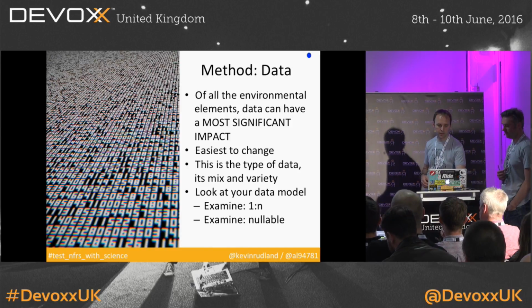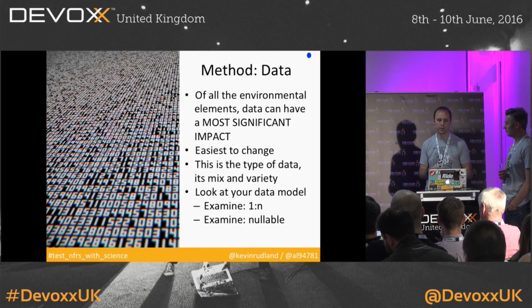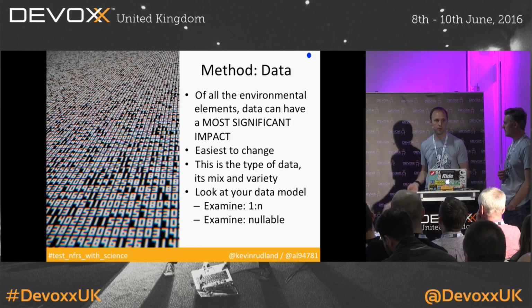A good example: if you had customers and orders, not every customer has the same number of orders. Some will have lots, some will have none. What's the average number, what's the distribution of those? If you have mandatory fields, how many customers only fill in the minimum? How many go to War and Peace and fill the whole thing in?